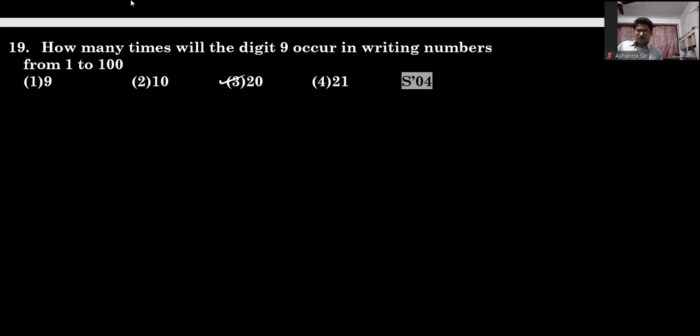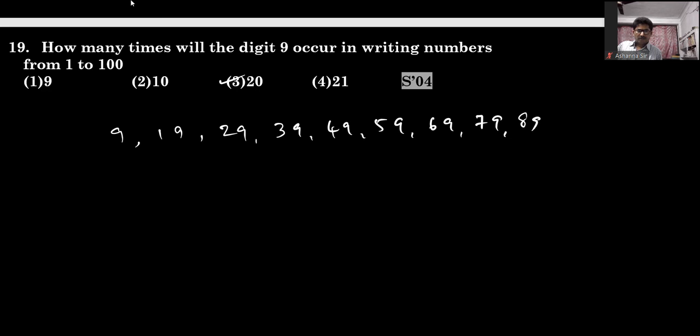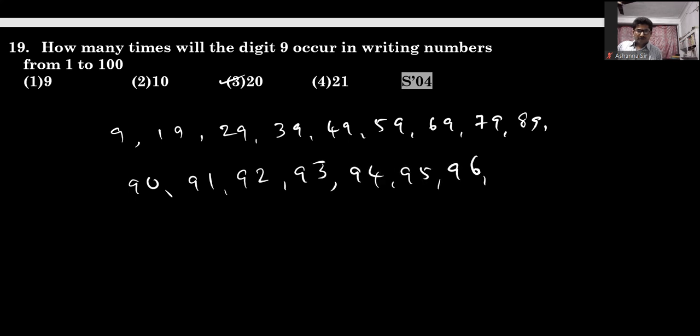So in these numbers we have 9, 19, 29, 39, 49, 59, 69, 79, 89, 90, 91, 92, 93, 94, 95, 96, 97, 98, 99.